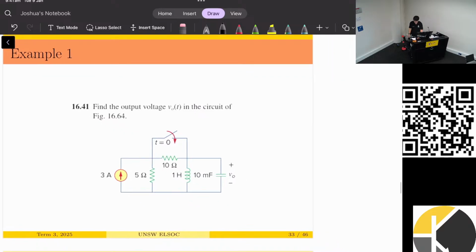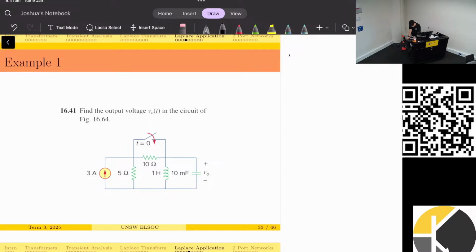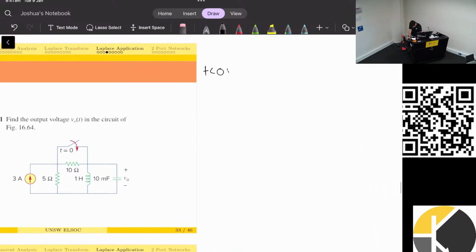First thing I want to do is find the initial conditions. So initial conditions, t less than 0. So we have resistor, inductor is shorted, capacitor is open. And the switch is currently open as well, so we don't care about that.